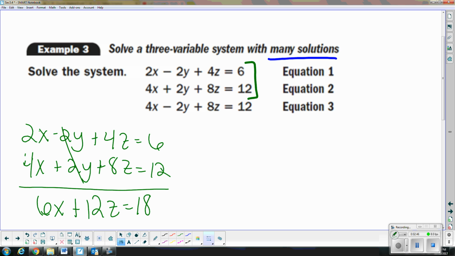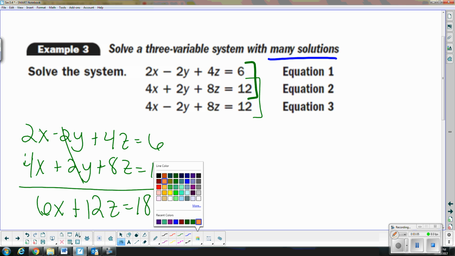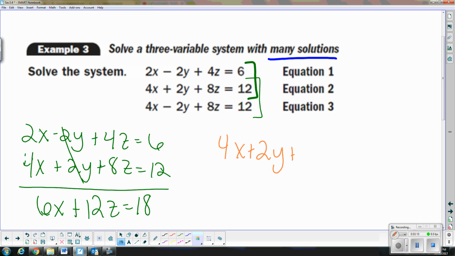Okay, so we don't have a solution yet. And now we're going to tie in our next 2 equations. So whatever we get here, we'll have 3 equations. We're using all 3 of them. So whatever solution we get is the solution that we'll get for our answer. Okay, so the next one, 4x plus 2y plus 8z equals 12, and 4x minus 2y plus 8z equals 12.